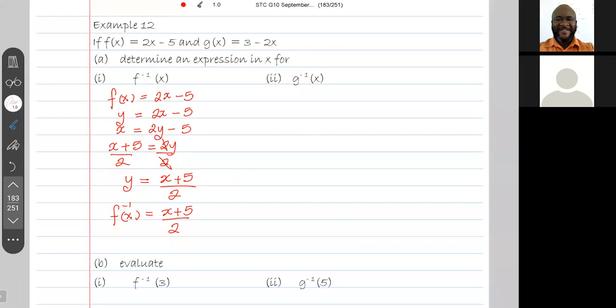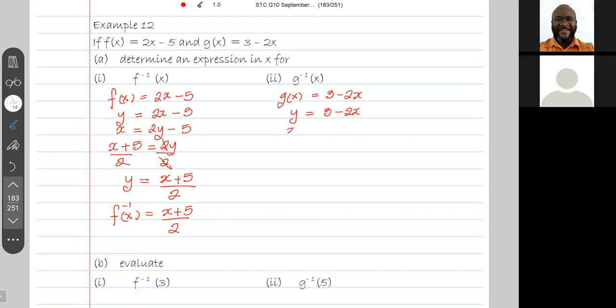All right, so we are asked to determine an expression for g inverse of x. We start off with g of x is equal to 3 minus 2x. Step 1, y is equal to 3 minus 2x. Step 2, interchange x and y.